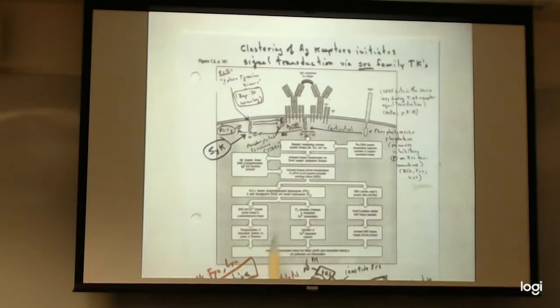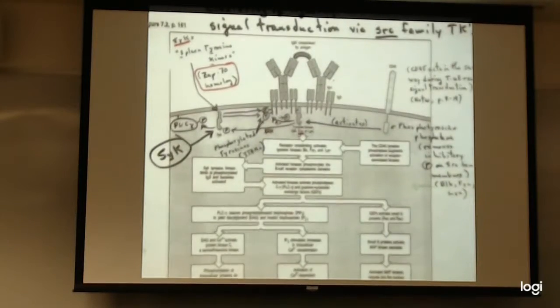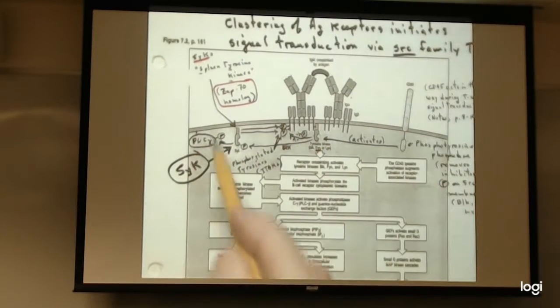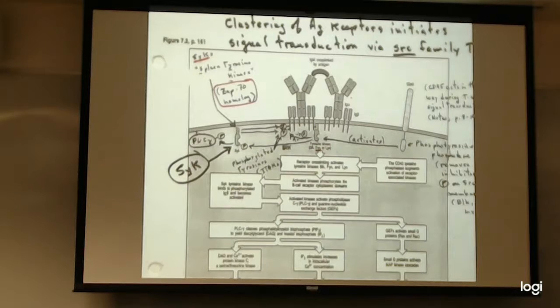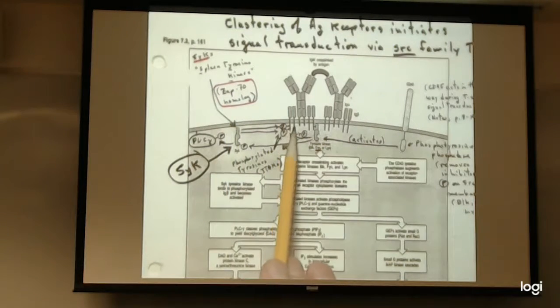You may remember in the case of the T cell receptor, there was kind of an apex kinase. It was called ZAP70 in the case of T cells. So Src family kinases start phosphorylating things, and we recruit then the ZAP70 by its SH2 domains to phosphorylate tyrosines.